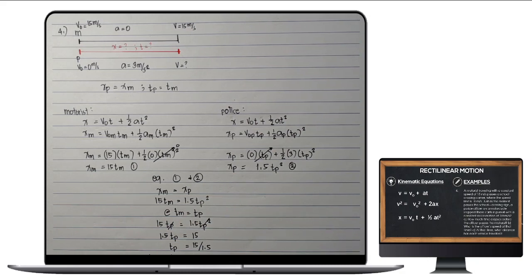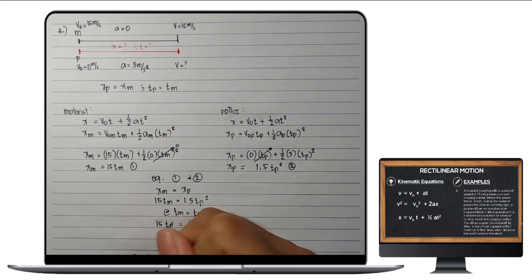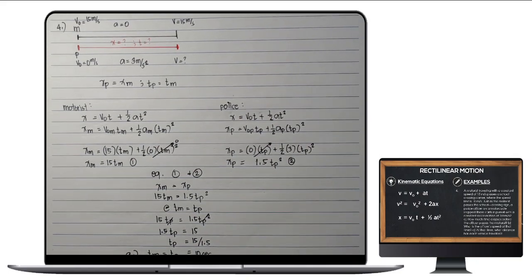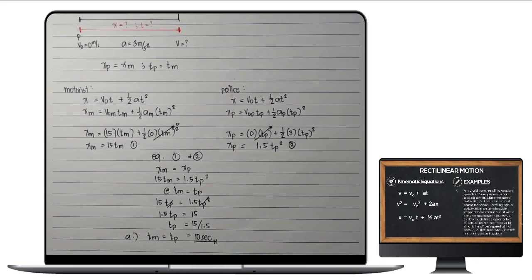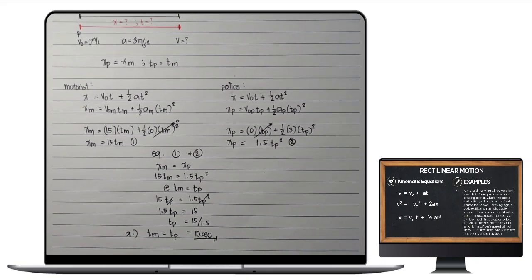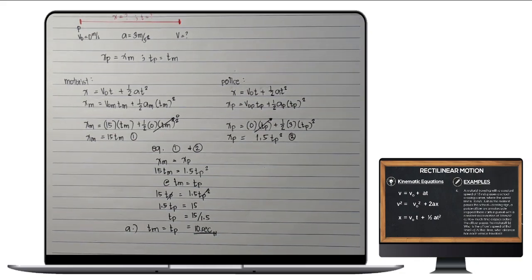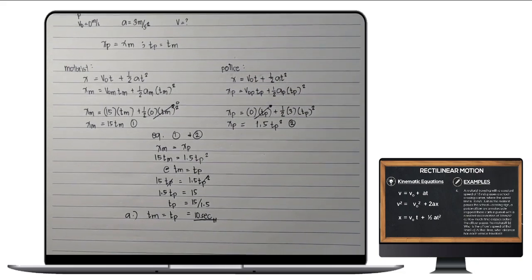So that is for letter A. The time elapsed before the officer passes the motorist is 10 seconds. So within 10 seconds, the police will pass or will meet the motorist.